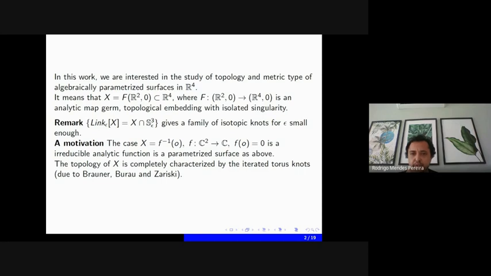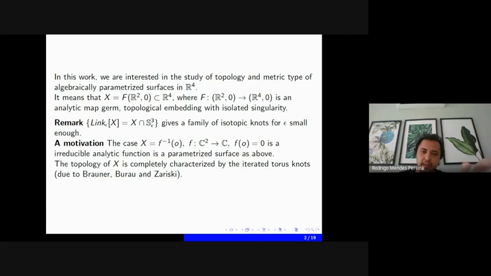I think it's good to comment, in fact, that for these surfaces that are plane complex curves, the outer geometry is also completely characterized by its topology. This is a beautiful result proved by Fan and Teissier, and later by Alexandre Fernandes in 2003.